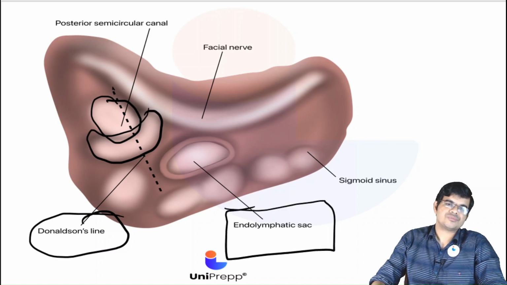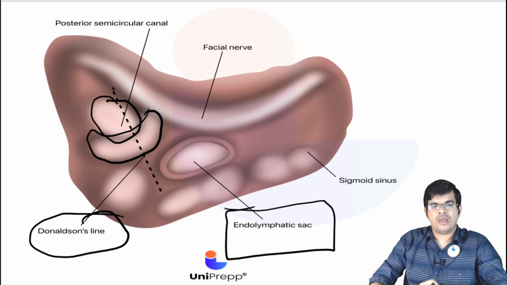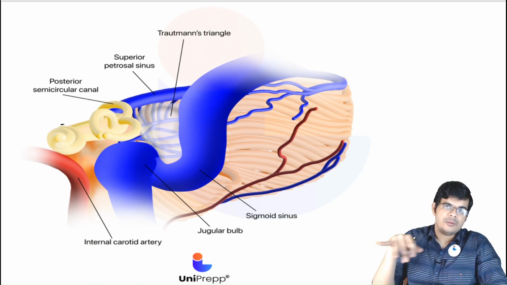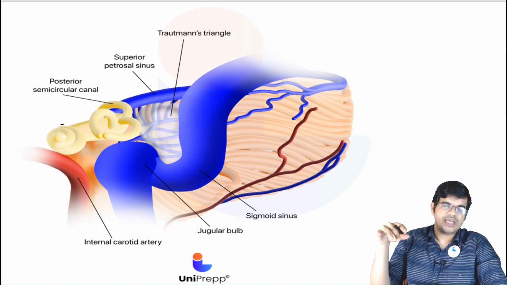Because of the endolymphatic sac being present there, there is high risk of injury to it when you approach the posterior cranial fossa through the mastoid area. So to prevent that, you always have to go above Donaldson's line.